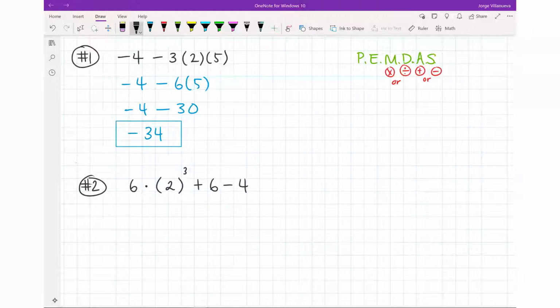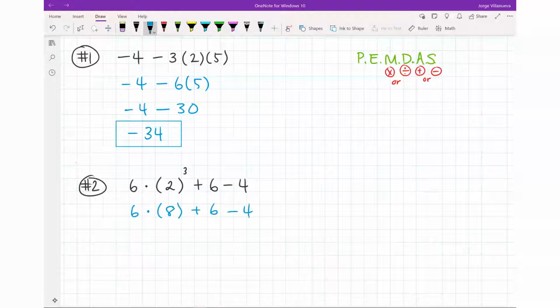Again, we're using order of operations. First thing is parentheses. I do have parentheses, but inside of the parentheses, just a 2, so there's nothing for me to do. So I'm going to move on to the exponent. There's a power of 3, so 2 to the third. Anybody know what that is? 8, thank you.